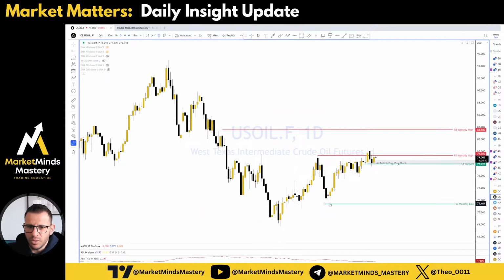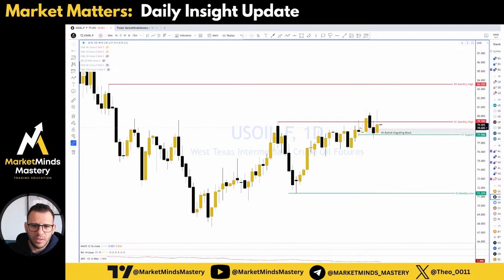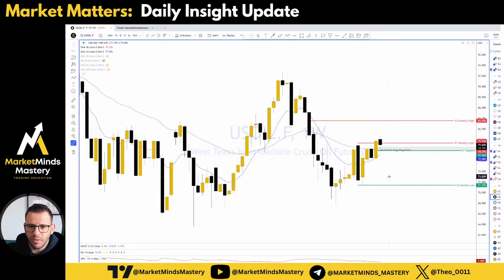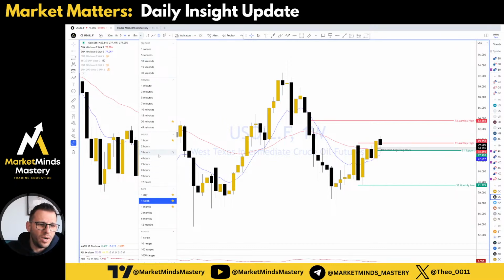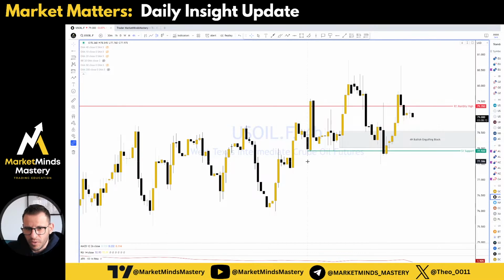Another good trade we had yesterday that played out well was the US oil. We start from the weekly chart. The price put a bullish engulfing on the weekly chart. And again, if you watched the webinar we did yesterday for Tradingview, you will know that solid price action on the weekly chart allows us to go on the 4-hour time frame and look to pick up some trades from solid bullish engulfing order blocks.